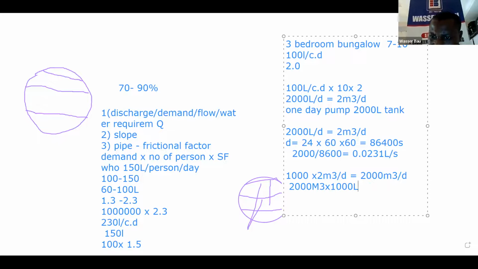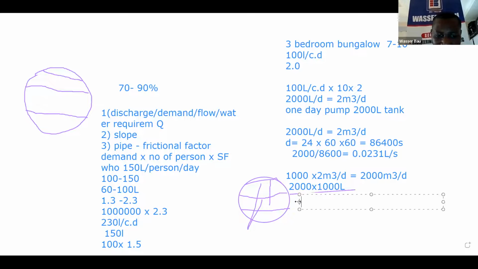But let me not bore you with those technicalities. So M3 will cancel M3, and you just have this left. Then divided by converting day to seconds, if I convert day to seconds, that's 86,400.